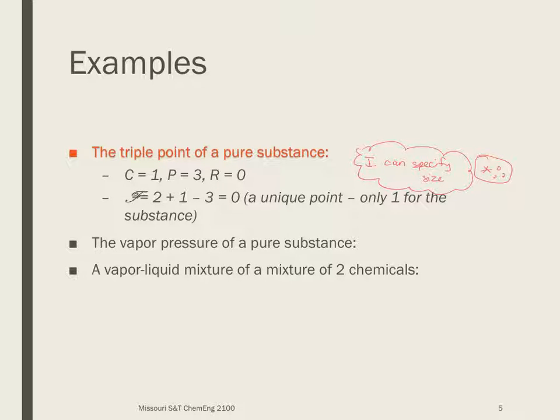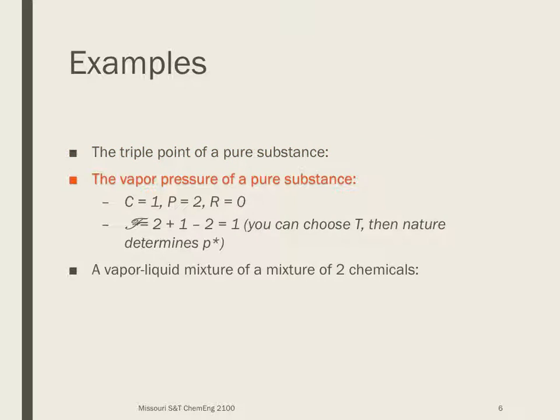So let's look at the next one, the vapor pressure of a pure substance. So again, it's a pure substance, C is 1. Vapor pressure is when I have vapor and liquid coexisting. So there are 2 phases present. There are no reactions in this pure substance, so the degrees of freedom is 2 plus 1 component minus 2 phases minus 0 reactions, and so I get 1 degree of freedom.